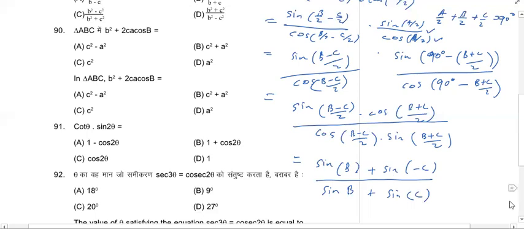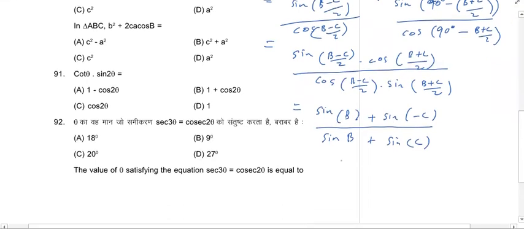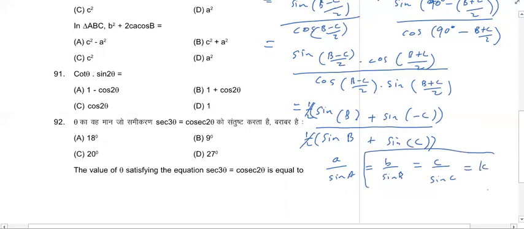So to simplify this, there's a half missing there, and there's a half missing there, the half angle, so the half and the half cancel out. If you say a over sine A is equal to b over sine B is equal to c over sine C, let that equal k. I think we're only focusing on B and C for now. So what is sine B?